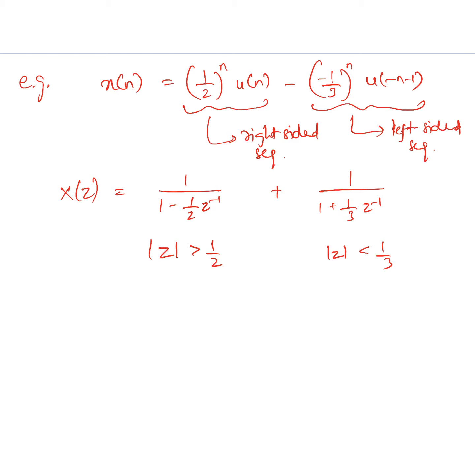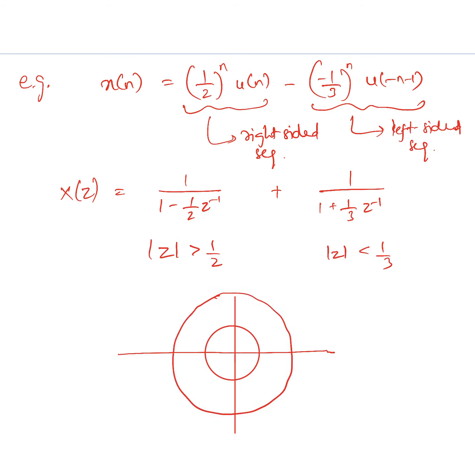Okay, so let's see this on the z plane. We have the circle of radius 1/3 and the circle of radius 1/2. So mod of z less than 1/3 is this region on the z plane.